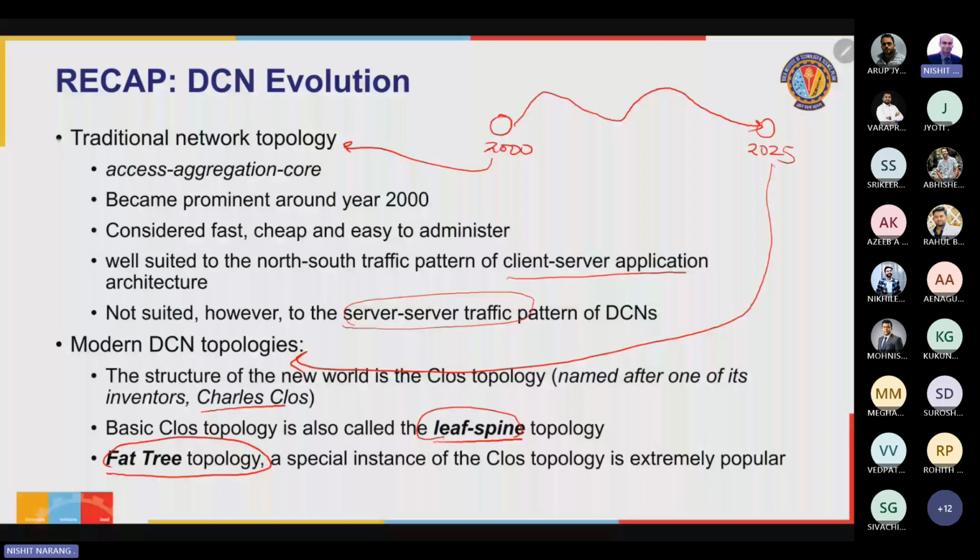So what happened between 2000 and 2025, from where we started with access aggregation core to ending up with these complicated topologies built using leaf spine as the building block? A lot of things happened in between. While you may not be interested in these intermediaries today, you should know them, because it helps you understand what worked and what did not work, or why it did not work.